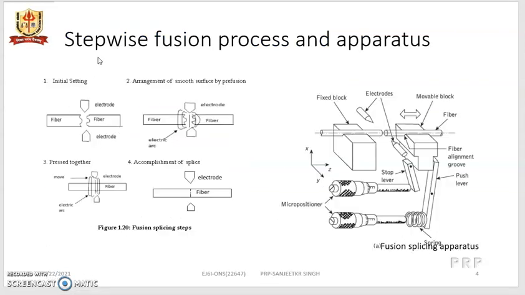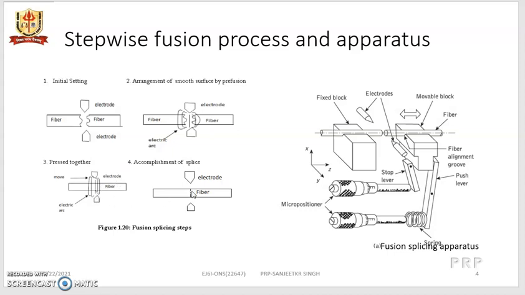So here we see the stepwise fusion process and the apparatus setup. What we see here is the initial setting where the two fiber ends are prepared and brought near to each other, where we have tungsten electrodes which will produce the arc for heating the two ends, and while it is heated, simultaneously axial pressure is applied and a joint is formed.